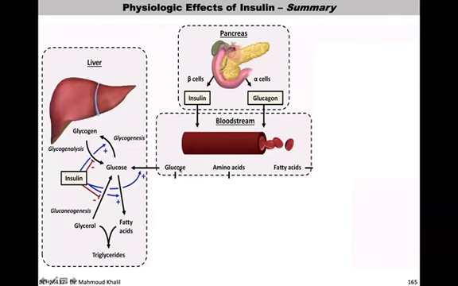And here you can see the glucose, under the effect of insulin, can be stored as glycogen through the process of glycogenesis, or once the glucose level is low, the process is reversed through glycogenolysis. And of course, these are all under the effect of insulin. So insulin promotes glycogenesis while inhibiting the process of glycogenolysis.